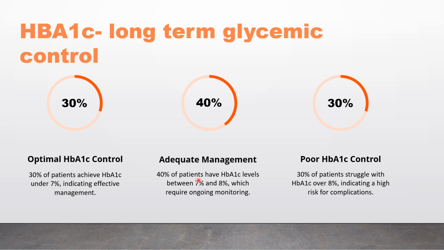While 40% of patients having treatment have their HbA1c between 7 to 8%, which means they require monitoring of the HbA1c levels. And the remaining 30% of patients struggle with HbA1c over 8%, which indicates that these are the high risk patients for diabetic complications.